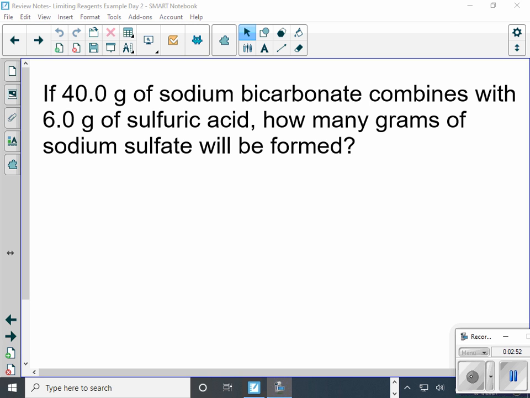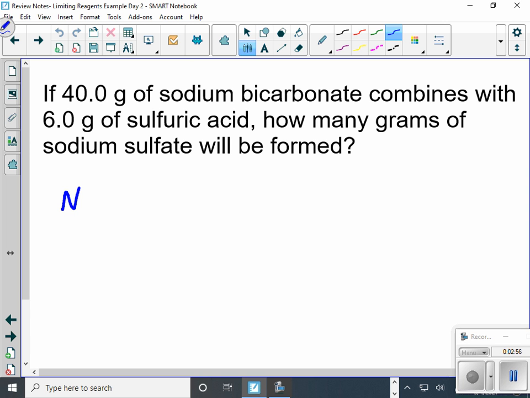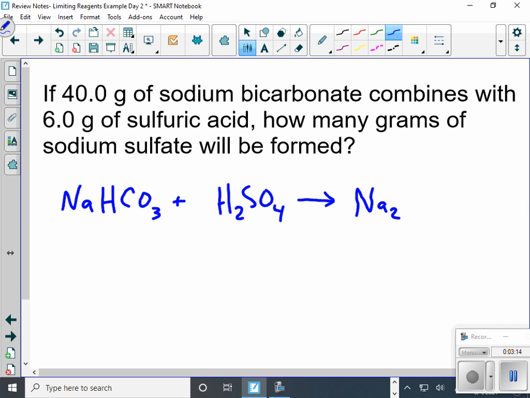As I look at this, it states that sodium bicarbonate reacts with sulfuric acid to yield sodium sulfate and it's also going to be carbonic acid.